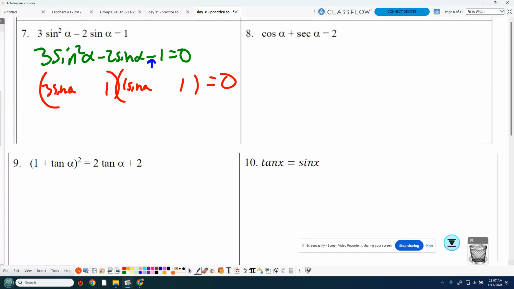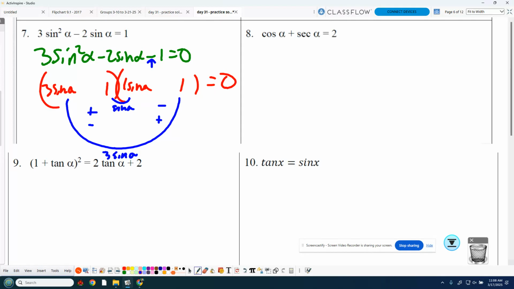All right, this one's the pain. The signs are going to mismatch, so it's either plus minus or minus plus. How am I going to check to see which one it is? It's going to be the smiley face of FOIL. Outside times outside, that's 3 sine. Inside times inside is 1 sine.